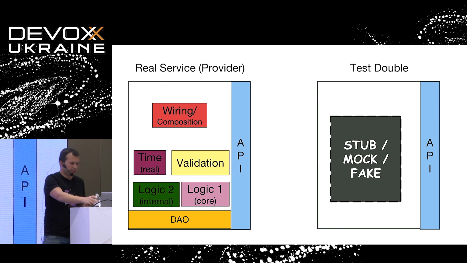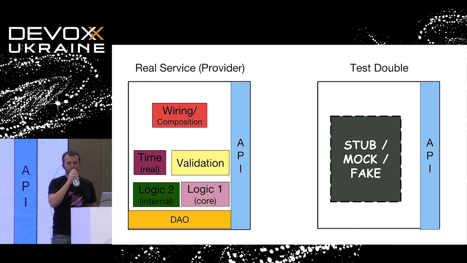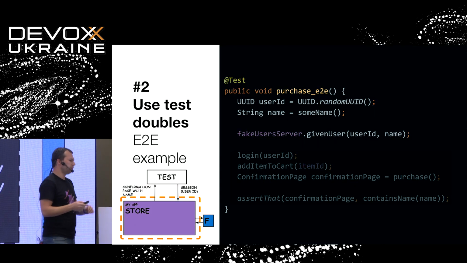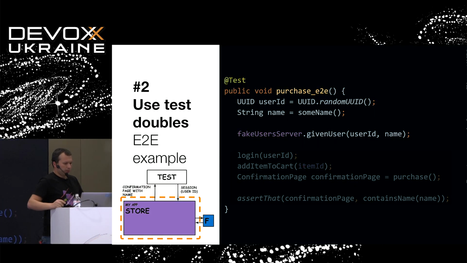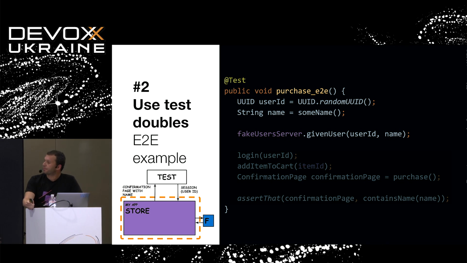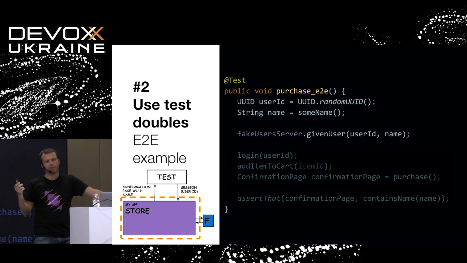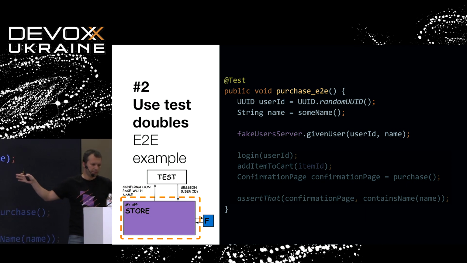Let's see a code example in Java. Of course, it's oversimplified, but it's to show the point. So let's do the purchase end-to-end. First, we set up the fake. We generate a random user ID, generate a random name, and we set up the fake. In this case, it's a mock.